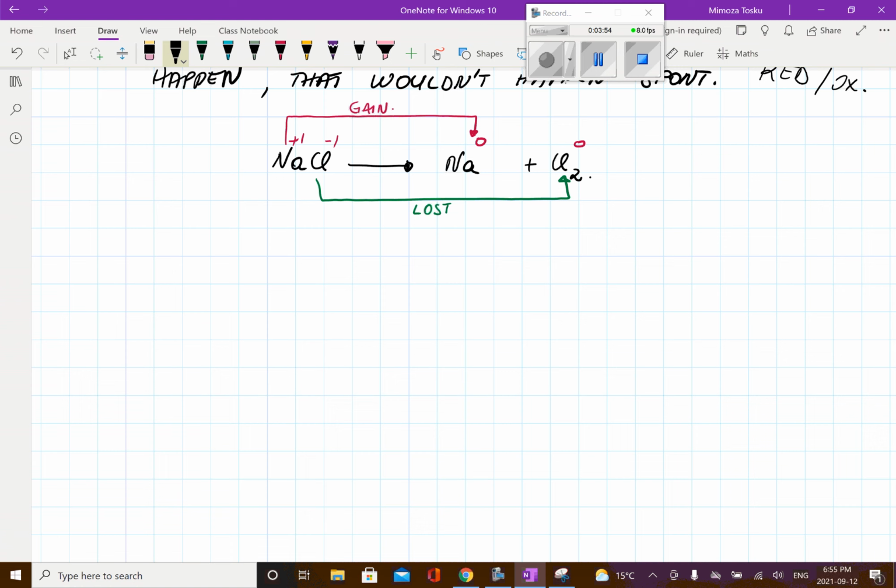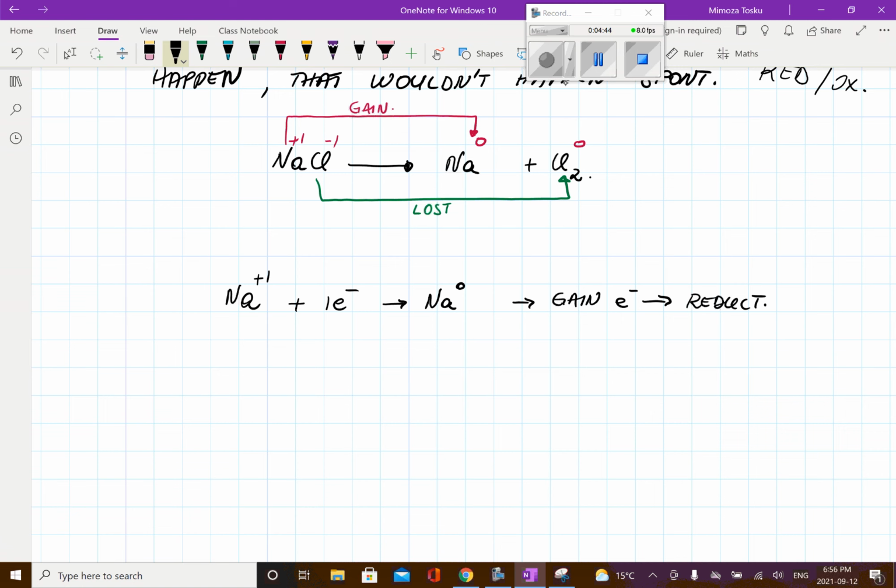So if we write the half reactions, for sodium, from +1 it will gain an electron and become Na 0, so it is gaining an electron, which means that what is happening is a reduction, or this is becoming the oxidizing agent.